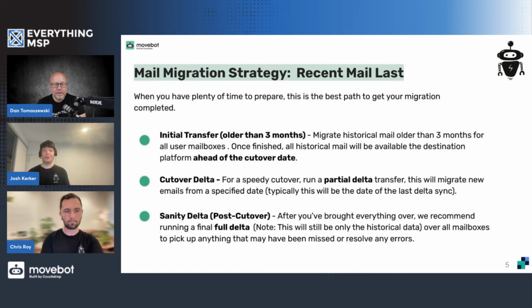The benefit to IMAP servers and on-prem Exchange servers is that the API restrictions are really just how good your server is. If it's really good, you'll probably be a lot faster than a lot of these cloud providers. We've seen some on-prem servers go very quickly, much quicker than 365 or Google. I would suspect that most are going from on-prem to cloud, and that most of those on-prem servers are older.